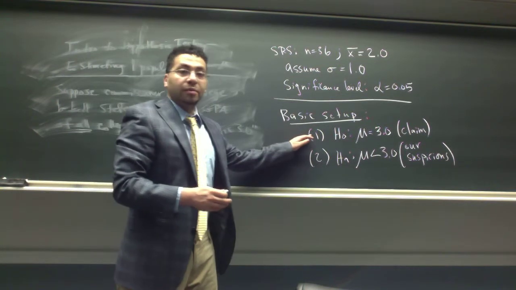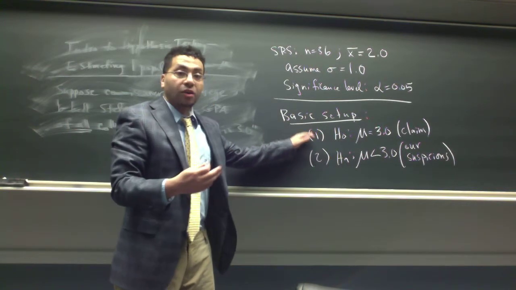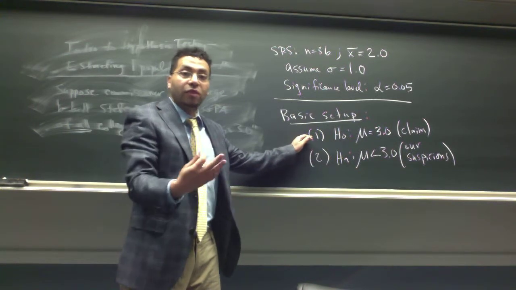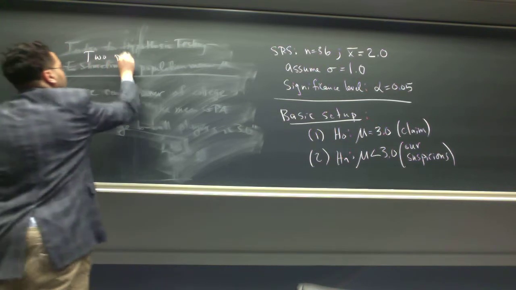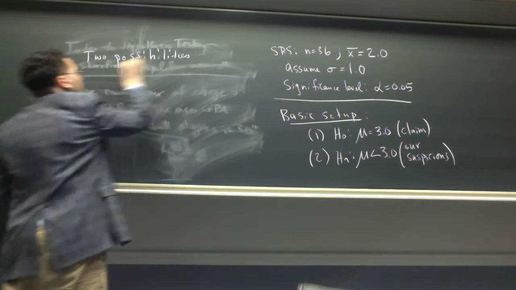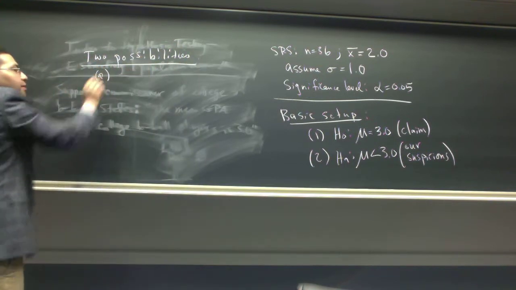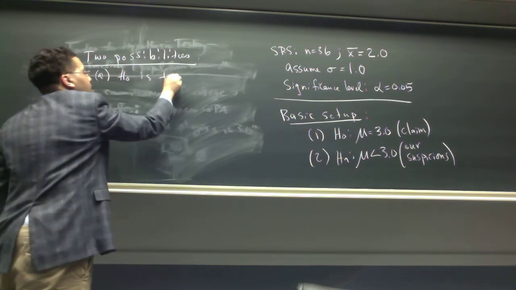Either the claim is true, i.e. the null hypothesis is true, or the null hypothesis is false. So the two possibilities: one, or A, that the null hypothesis is true.